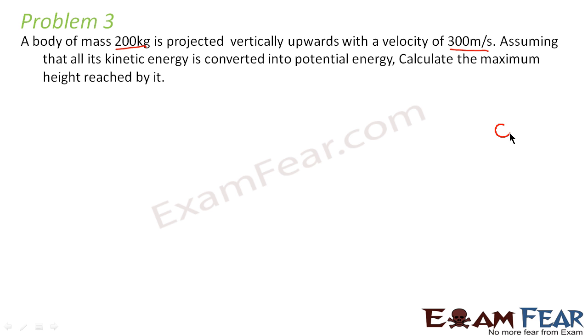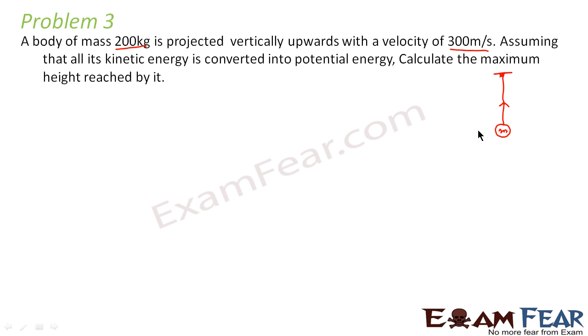Let us suppose this is the object of mass m. It is thrown vertically upwards with a velocity of 300 meters per second. We assume that all the kinetic energy is converted into potential energy. So till what maximum height will it reach? Let us suppose it reaches this point. So we have to calculate the maximum height to which this object will reach.